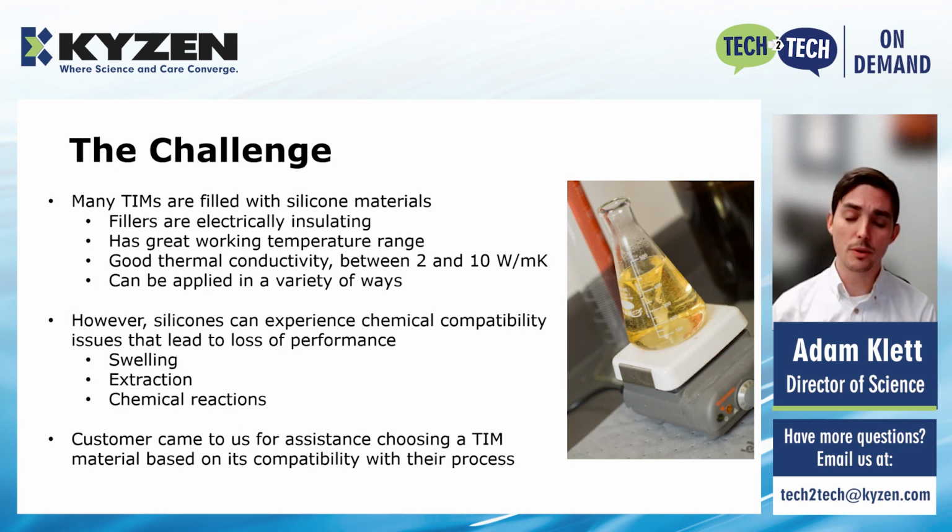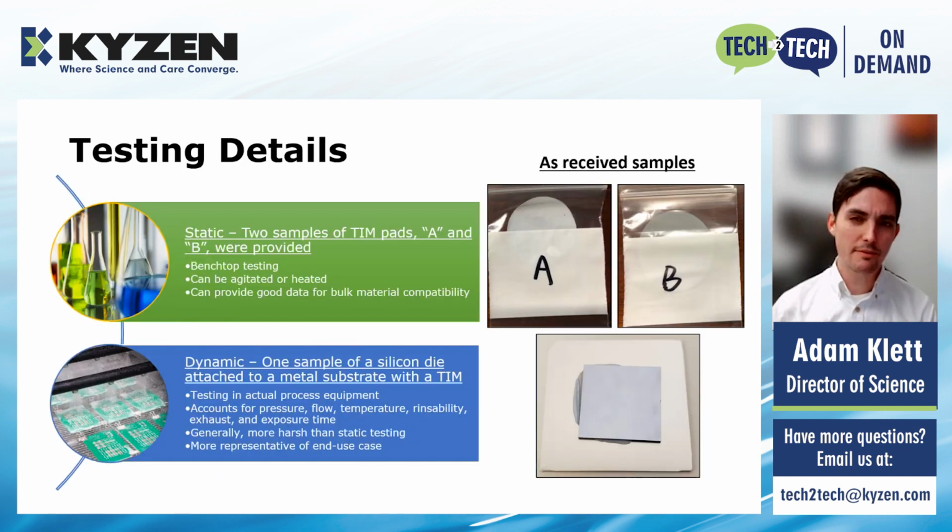We had a customer that came to us for assistance in choosing a TIM material based on its compatibility with their processes. So whenever we have chemical compatibility testing like this, we always like to do two types of tests. The first is a static test, and you can think of this as a benchtop lab test done in the lab in beakers, where the material is exposed or immersed into the solvent of choice.